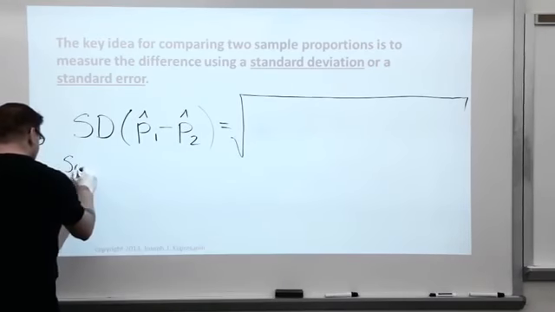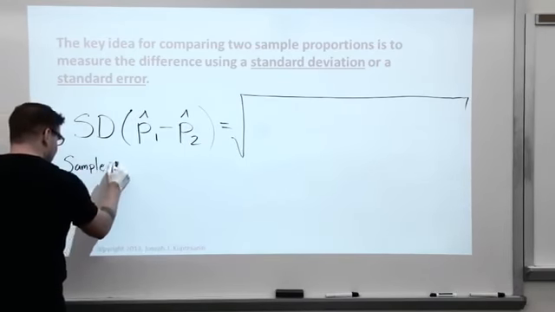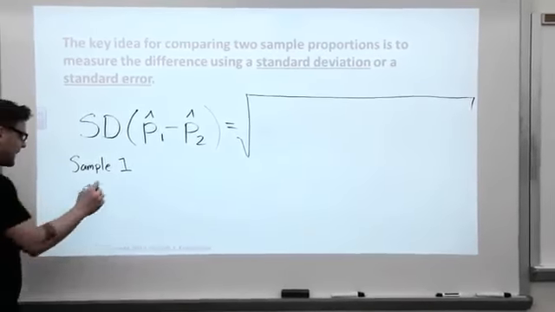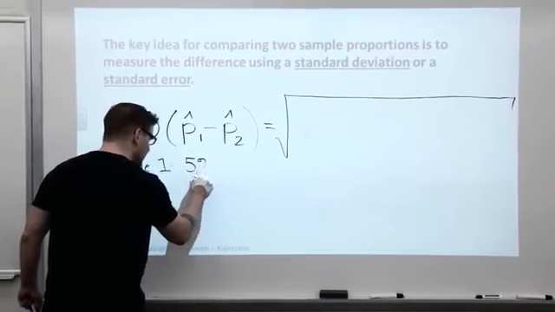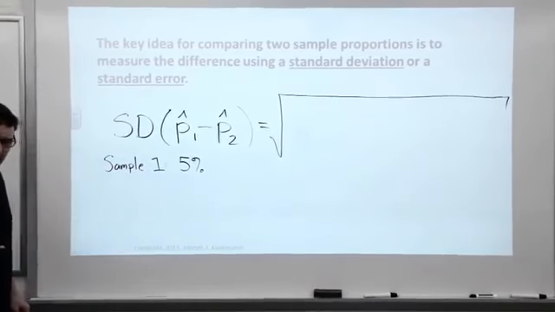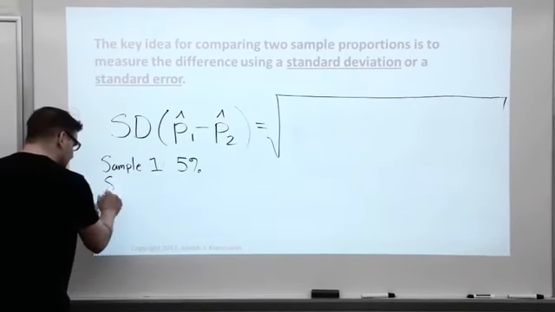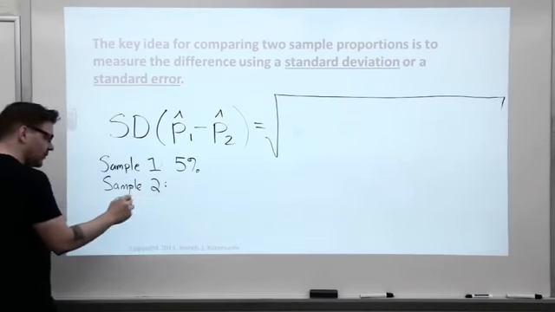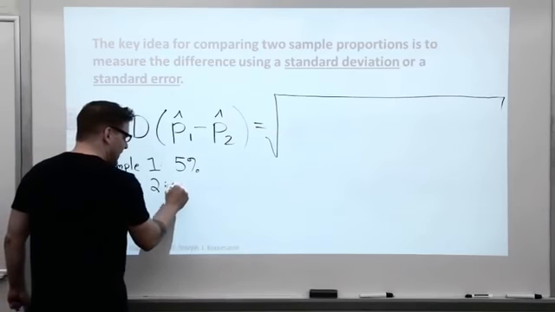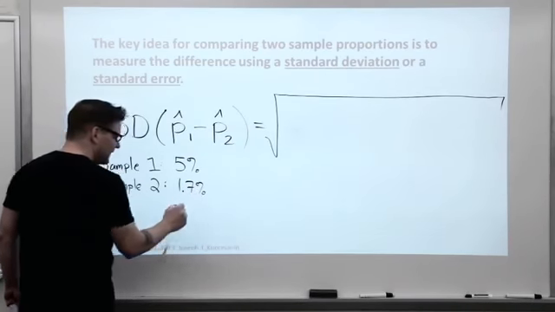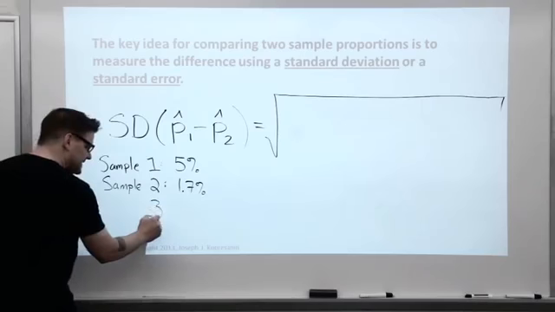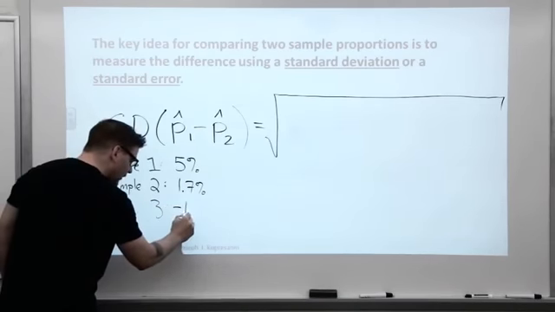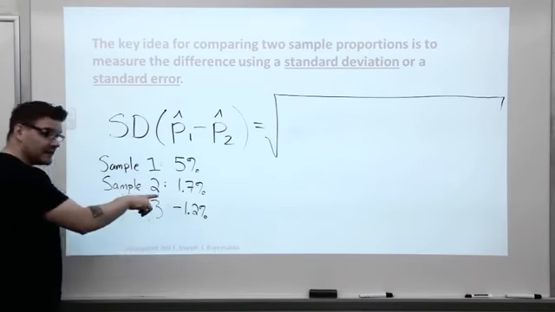In our first sample, say I took repeated samples. Here's sample 1. What was the difference, females versus males? Didn't I have a 5% difference? It was the 25 minus 20%. What if I took a separate sample? Throw all the students back, fish out new samples of both genders. Maybe that time I got a 1.7% difference. Maybe on sample 3 there were actually more males, and we got a negative 1.2% difference.